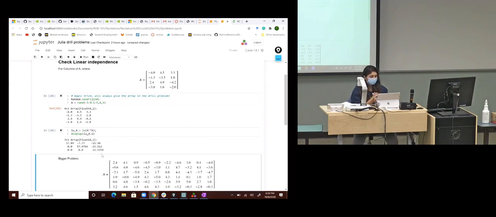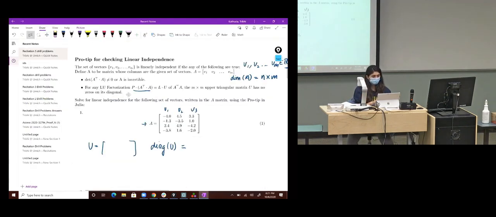So how we translate this into what we already know is that when you were looking at the determinant of A, or in this case the determinant of A transpose A, we say that when none of the diagonal elements on U are 0, that means that the matrix is invertible, or the determinant of that matrix is not 0.